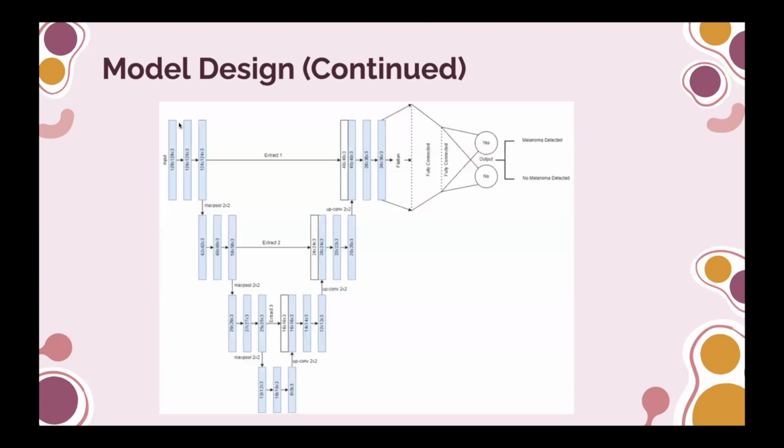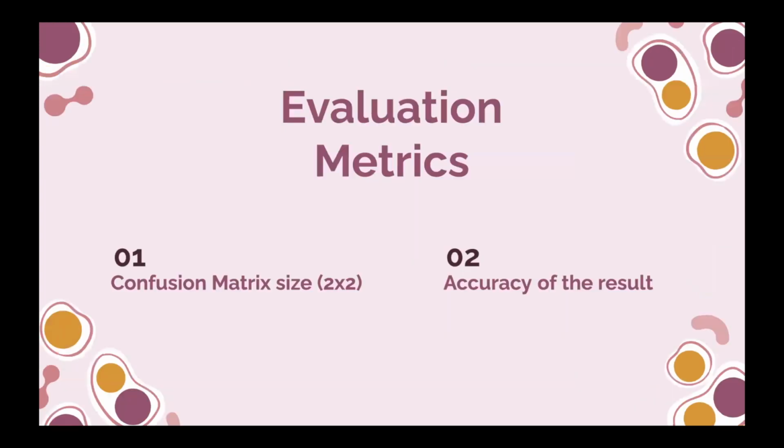If we look at the design here that we are implementing, the image starts at 128 by 128, then max pools by 2 by 2, and then up-convolves, and then it goes to the flattening layer where we flatten the segmented output and then pass it to the fully connected layers here. And we have two output nodes which indicate whether melanoma is present or not.